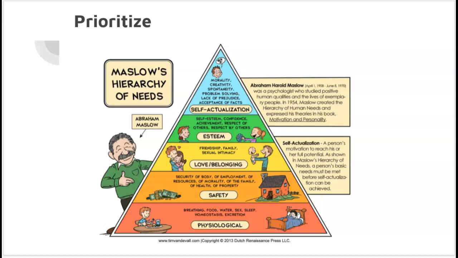Again, we go back to our Maslow's hierarchy of needs. So we want to meet the physiological needs of the patient, then safety, and then loving, belonging, esteem, and then self-actualization. But the physiological needs can be anything from breathing, food, water, sleep, homeostasis, and excretions.